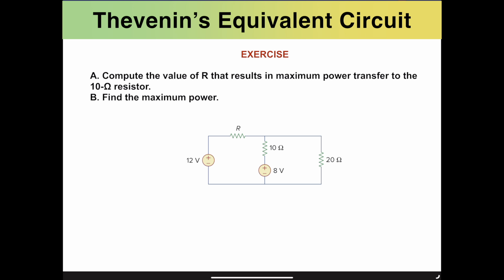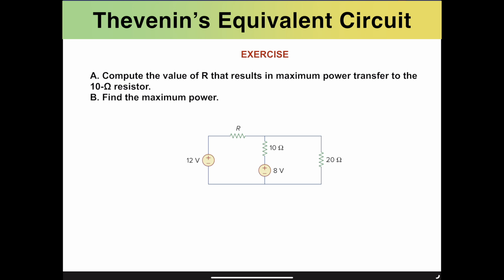So that's not that much complicated compared to the previous examples. We just need to again assume that this 10 ohm is the resistance RL, and we need to find the Thevenin equivalent circuit across this resistor to find the Thevenin resistance, and that resistance should be equal to 10 ohms in order to impedance match the circuit with respect to this load.